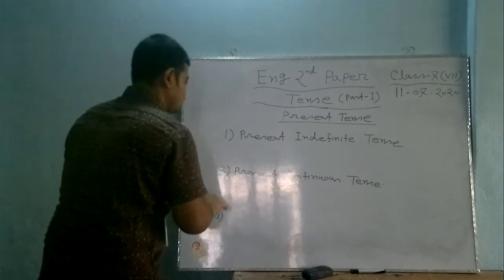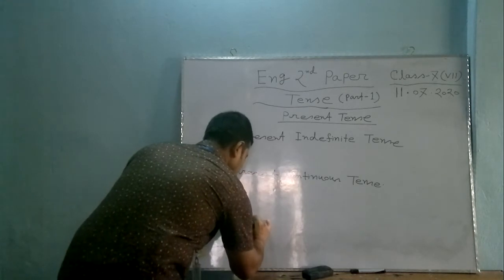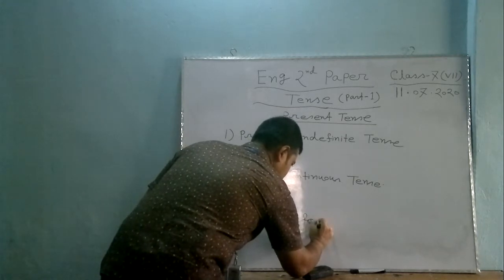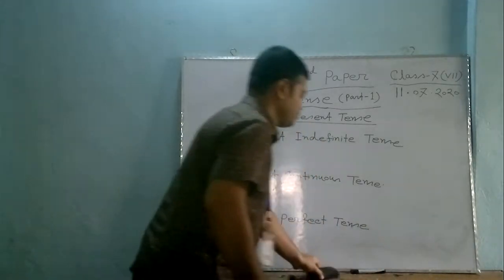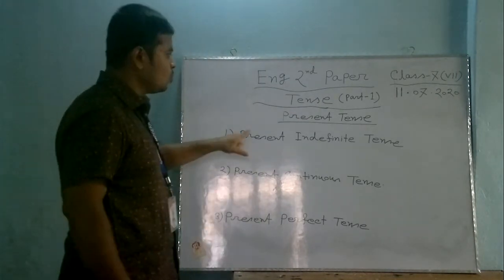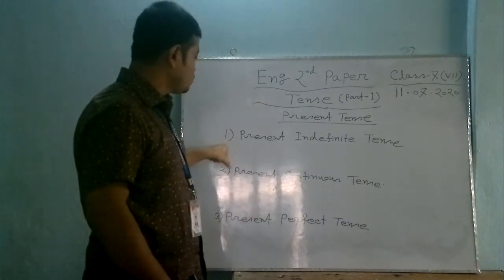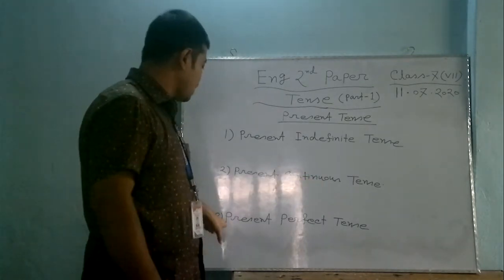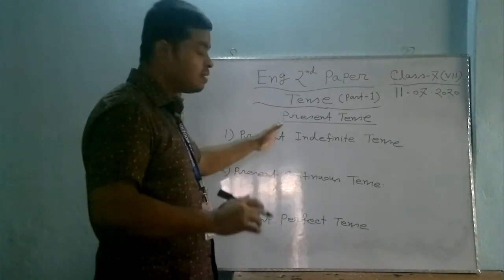The third part is present perfect tense. So we know that present tense is divided into four parts: the first is present indefinite tense, the second is present continuous tense, the third is present perfect tense, and the fourth is present perfect continuous tense. We will write it later.